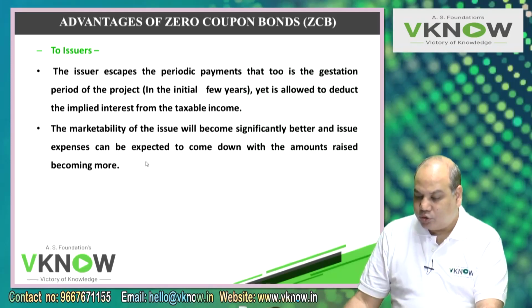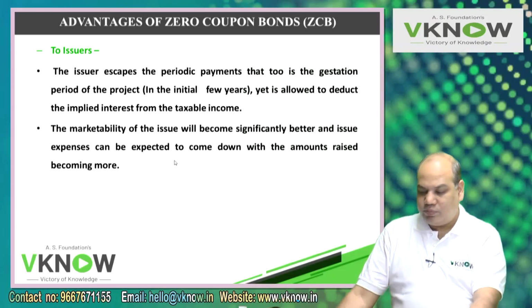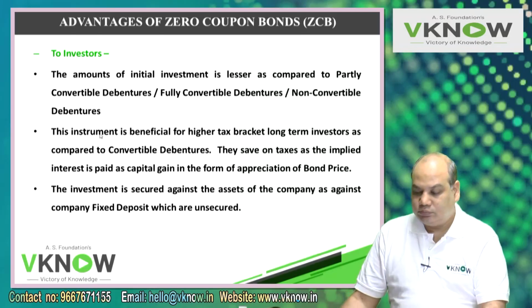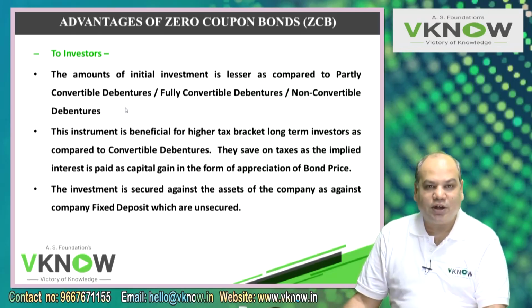Okay. So it is also preferred by the investor. Instead of investing say 1000 rupees, you will have to invest only 600 rupees, and therefore the company can market this instrument well. It can get more and more investors, and it can raise more and more funds. Also useful for such investors who don't depend on interest income for their livelihood.